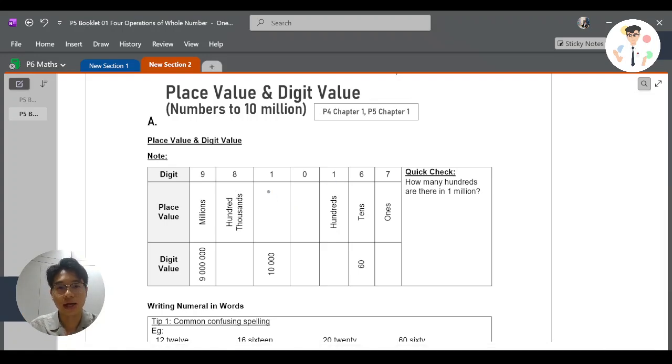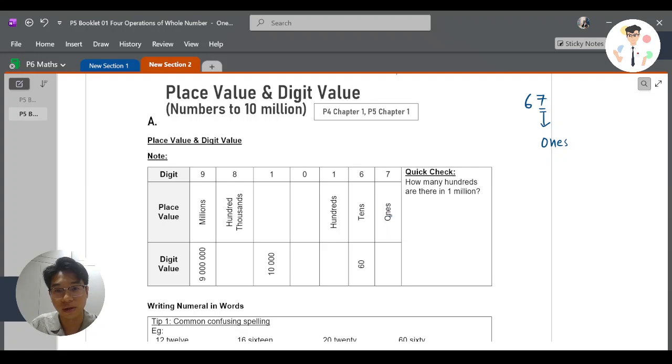Now, for example, here you can see a number here, 9810167. If I put here 67, this is called 67. Now this 7, we will name it as the place value of ones.